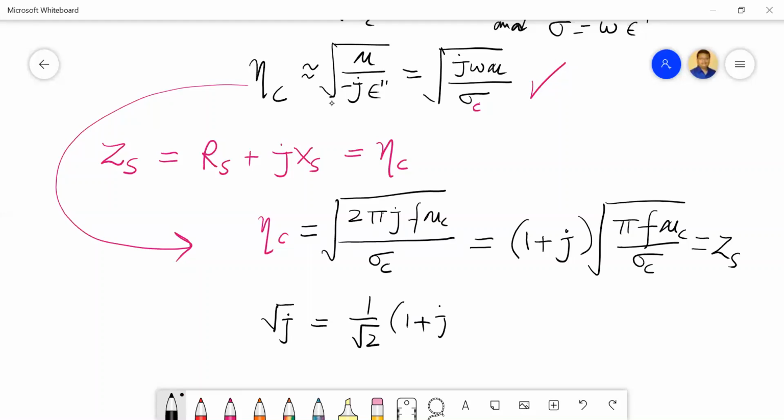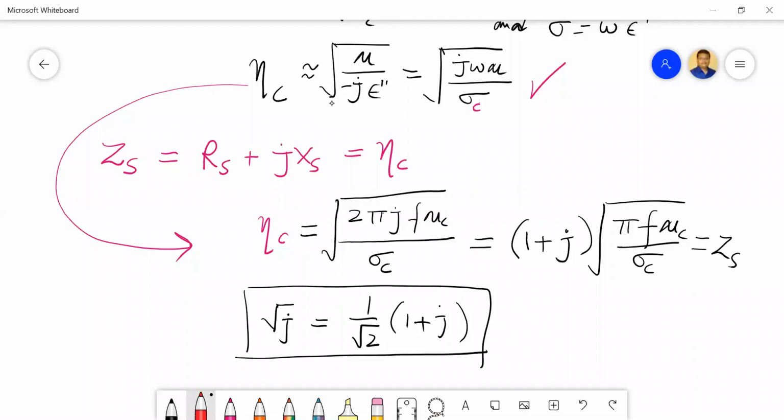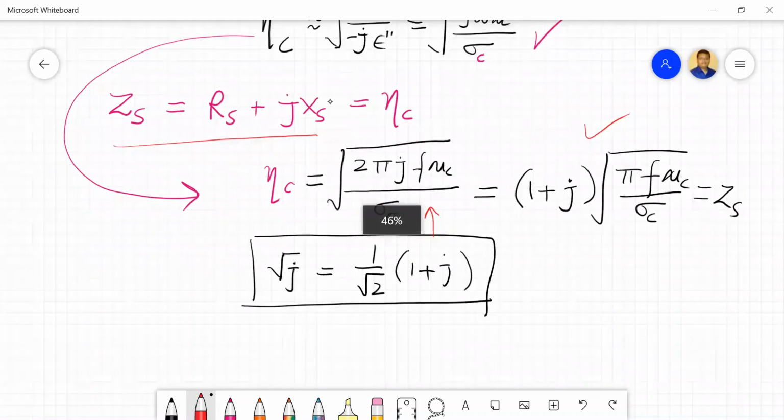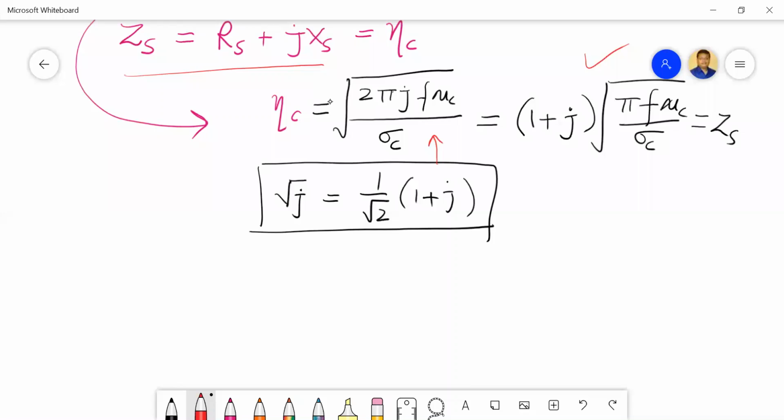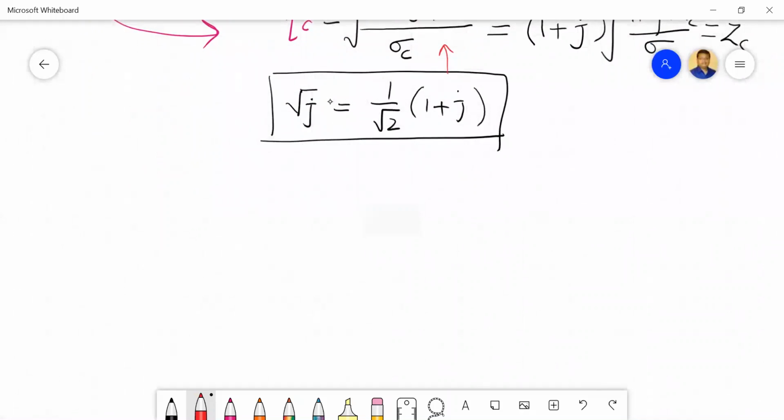We utilized this relation above, and we got this result. What is the need of this? Because we want to separate out the real terms and the imaginary terms, because the definition is like this. So we have very good relations, and we are going to connect many things.